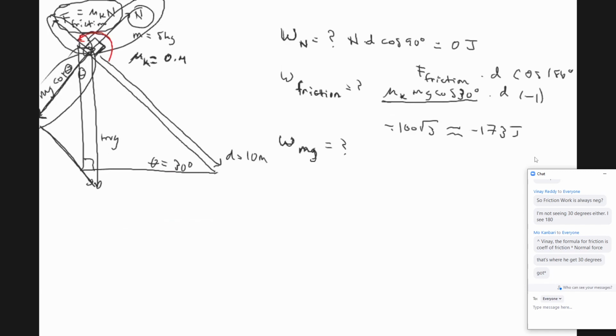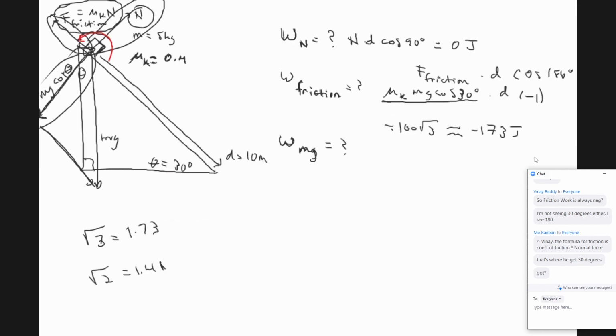By the way, you guys should know your approximation. Root 3 is 1.73 and root 2 is 1.41. This is when you do your sine and cosines of 30, 60, and 45. When you get root 2 over 2, when you get root 3 over 2, approximately.